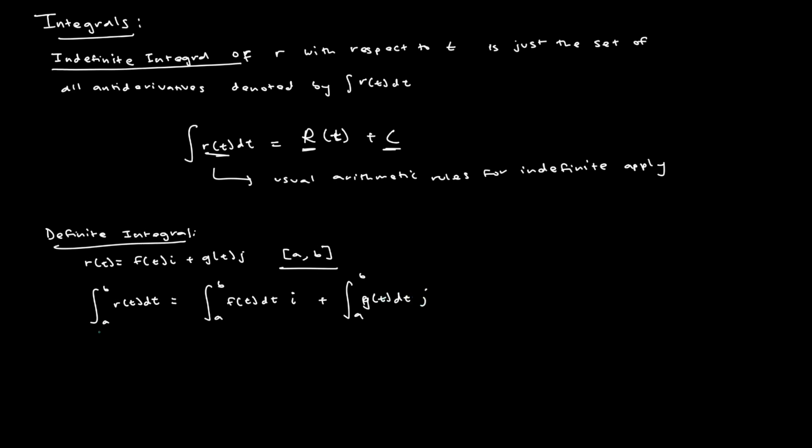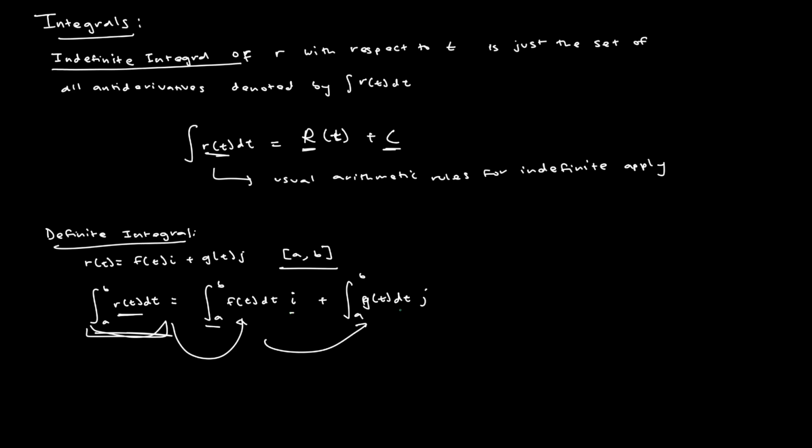So the result of evaluating an indefinite or a definite integral of a vector is us splitting it into its component-wise forms, evaluating it on the same interval, and then concatenating them to form our vector.